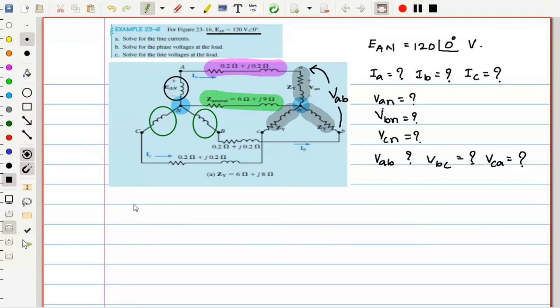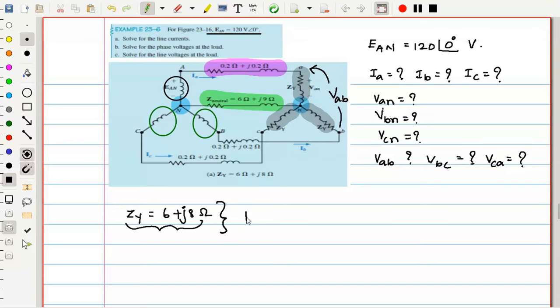So now let us approach it in some form. How to do that? First thing, they didn't say anything about the system nature, but you have to observe. The load impedance is given as ZY. ZY is equal to 6 plus j8, and this is the same for A phase, B phase and C phase. This is ZY, this is ZY, this is ZY.